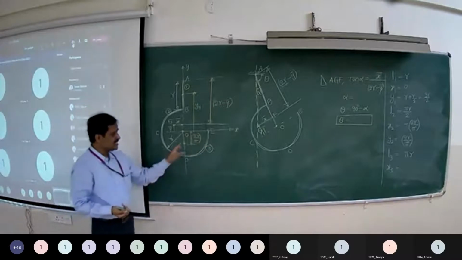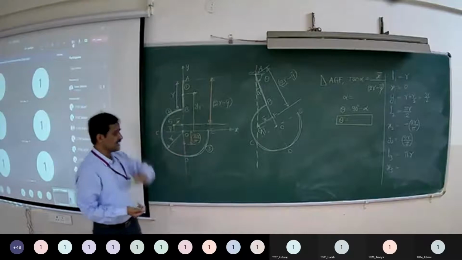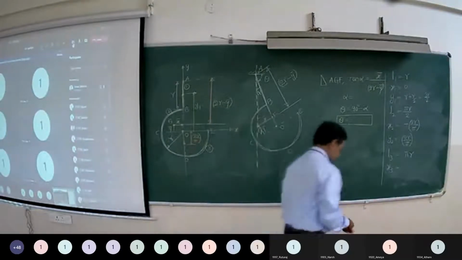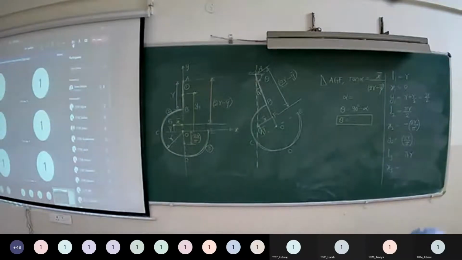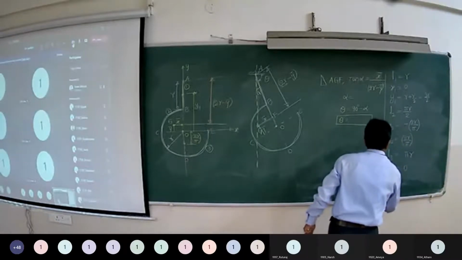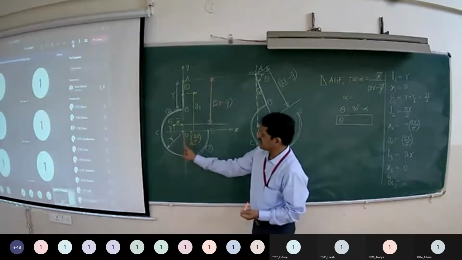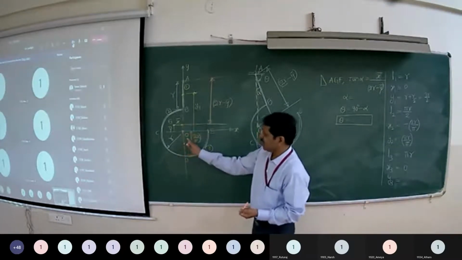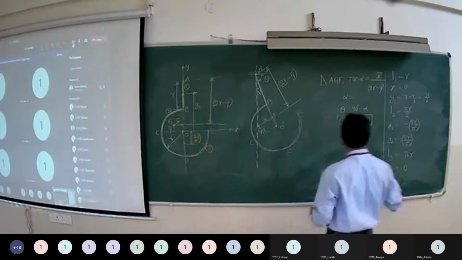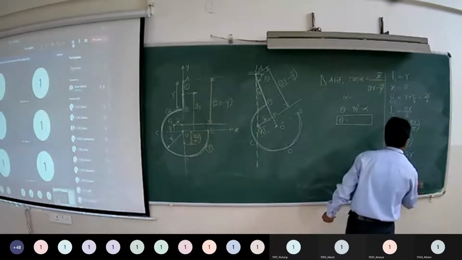So here X3 means distance of centroid from y-axis. Being located on y-axis, X3 is 0. And the Y3, distance of centroid from x-axis, is below x-axis, so minus 2R by pi.